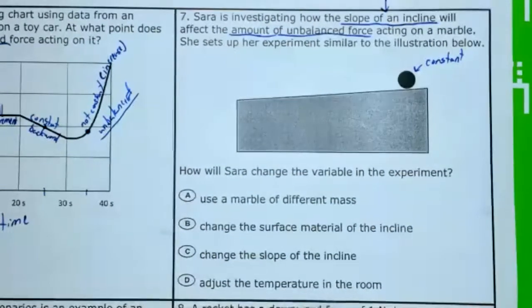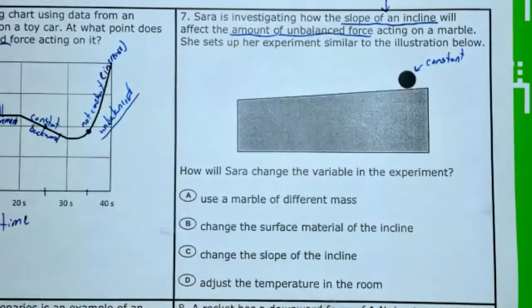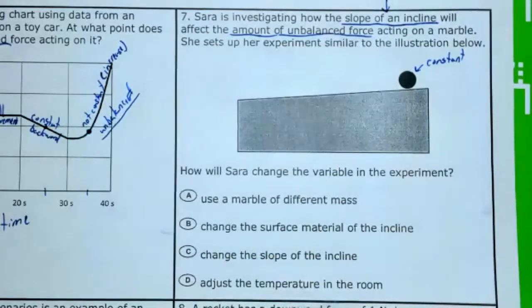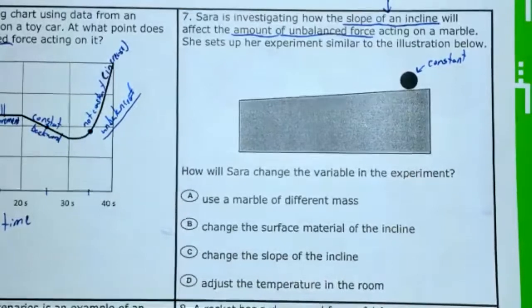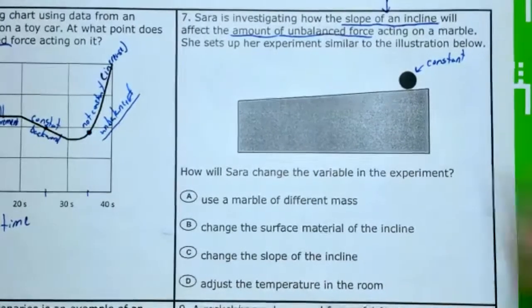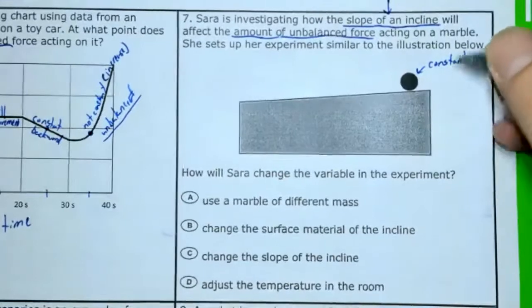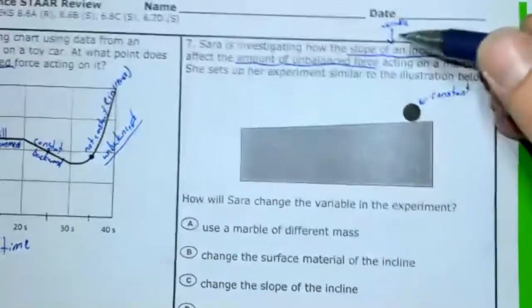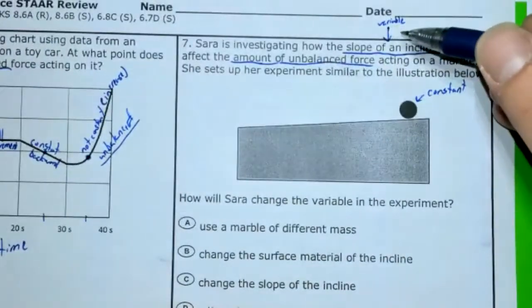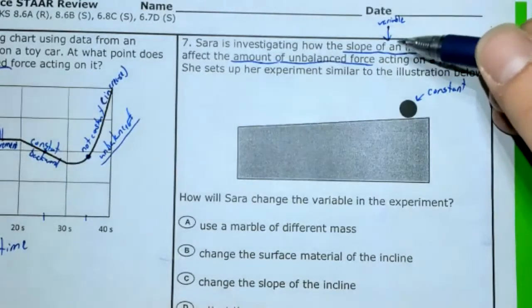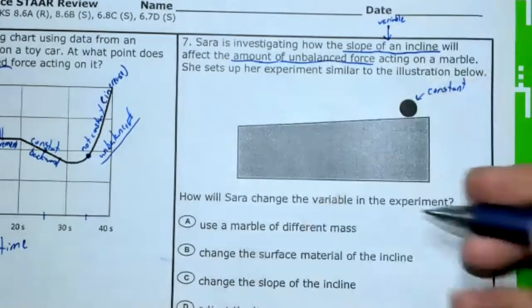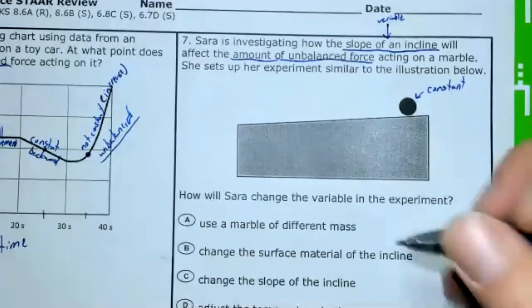If you change the weight of the marble and the slope, you wouldn't be able to track that. Of course, it's going to be an increase or a decrease in your unbalanced force because you're changing both. But if you keep the marble constant and change the slope, which is your variable, then we're experimenting with something here. So if that's the case, what would she have to change?